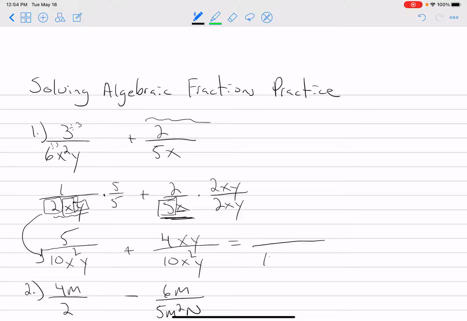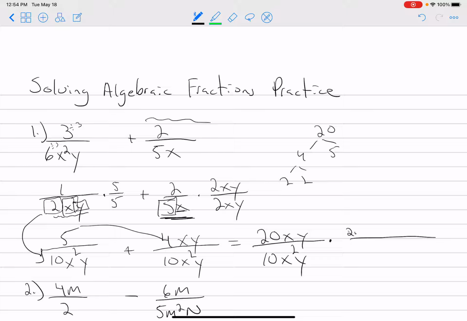Let's add these together. 10x squared y. 5 times 4 gives me 20xy. Now, I gotta simplify. I see lots of factors. So I'm gonna do this the harder way, but we could break it down, right? 20 breaks down to 4 times 5, 2 times 2.